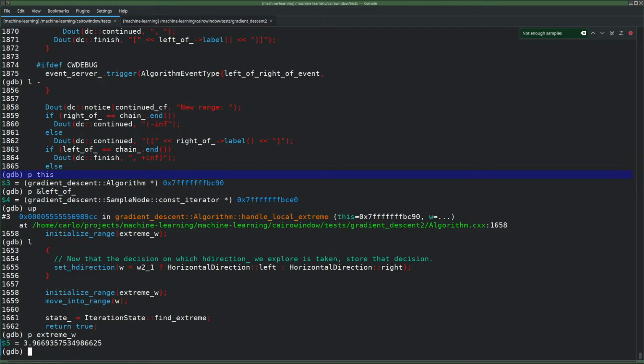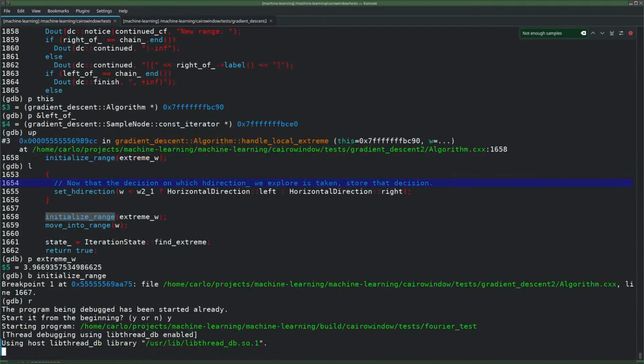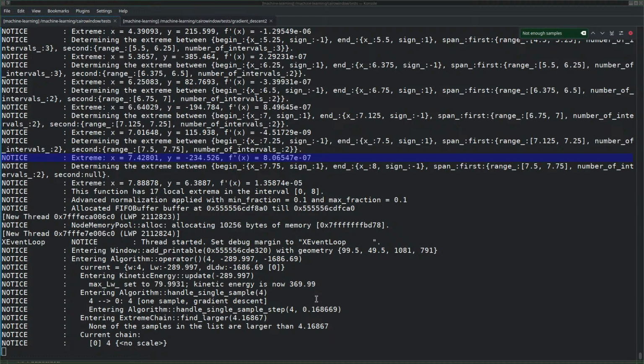So I'm going to set a breakpoint on initialized range for now, and I'll run it from the beginning. Oh, oops. It's a different one.